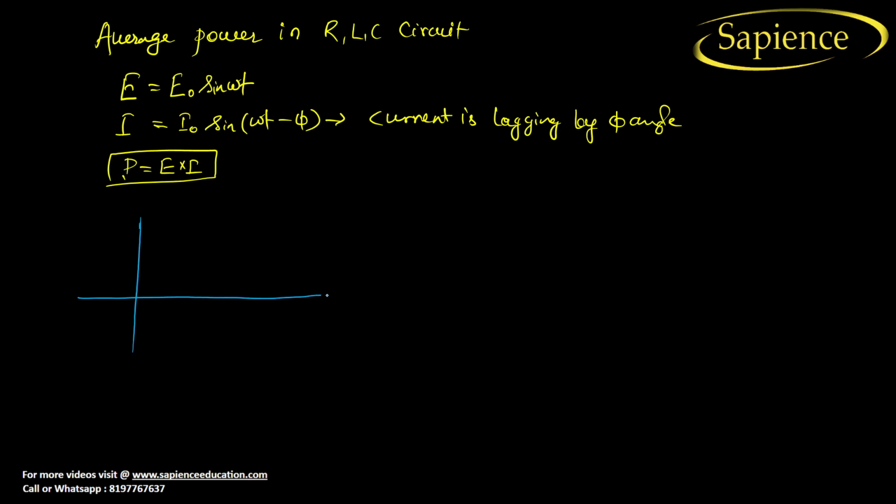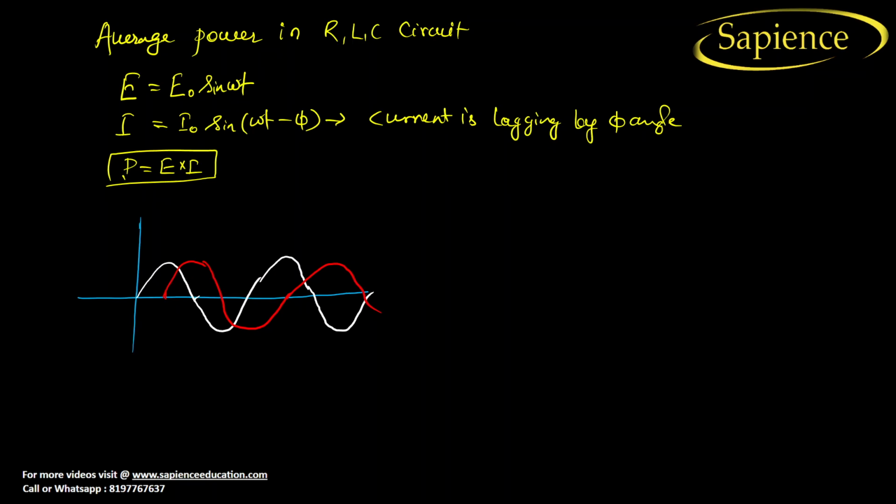In this, there are two axes, and in this the current is lagging. So current diagram will be like this, right?